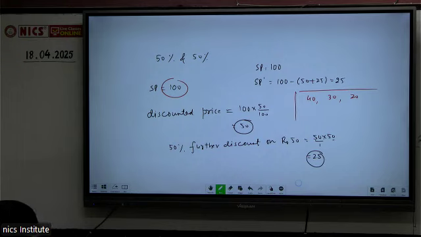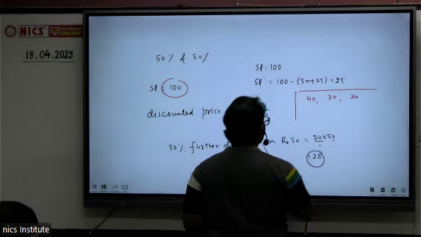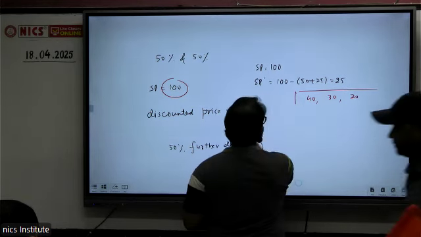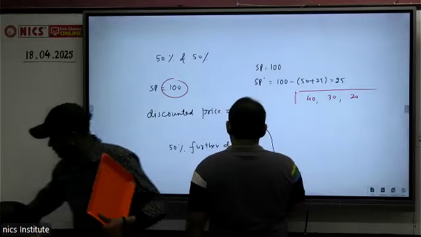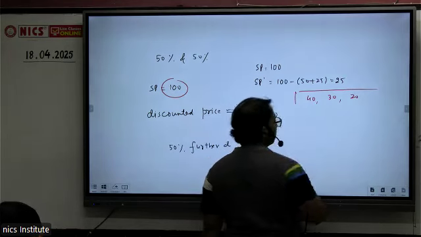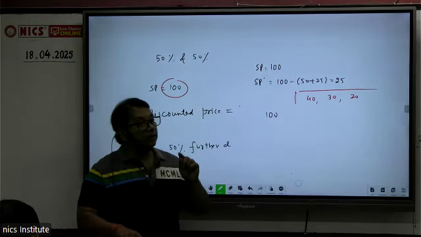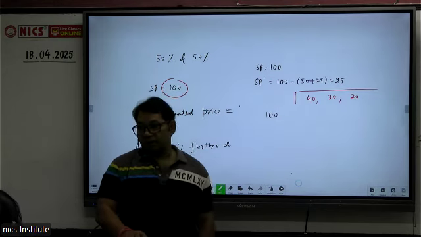What is the final answer? 54%. Okay, let's see. I'll answer this question by some other method this time. Suppose initial cost is rupees 100. Initial SP is 100. Now you're getting a discount of 40%.